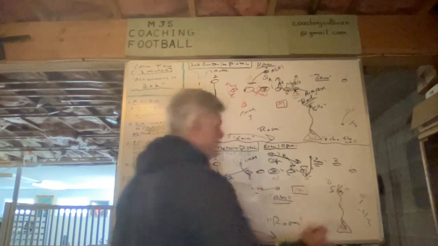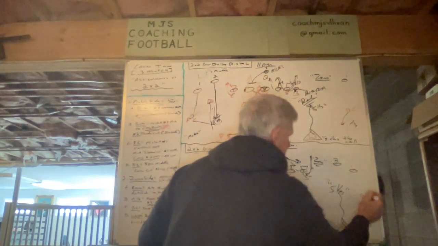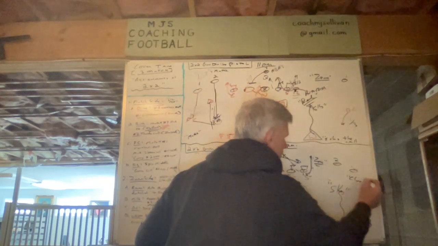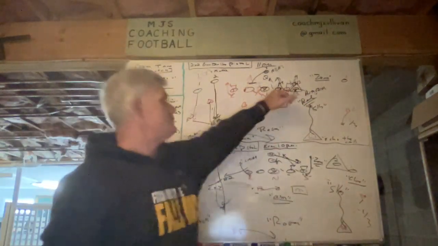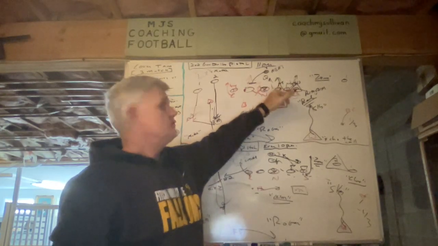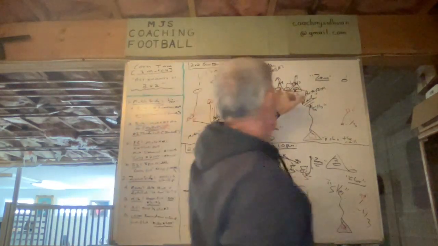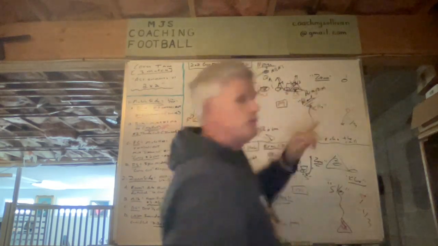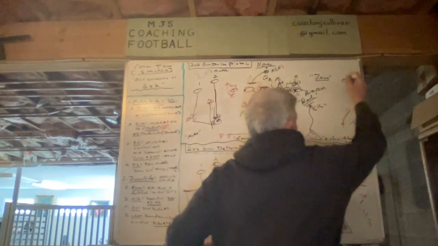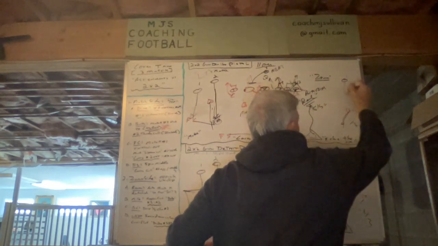He's a curl flat defender. Both he and the boundary corner are what we call clue 2. So they're reading and reacting to number 2, and that's after their surface, right? Remember, they read their portion of the surface, the uncovered lineman. So the guard tells them it's pass. They go from surface to 2, surface to 2, clue 2, clue 2. He gets into his third, right?